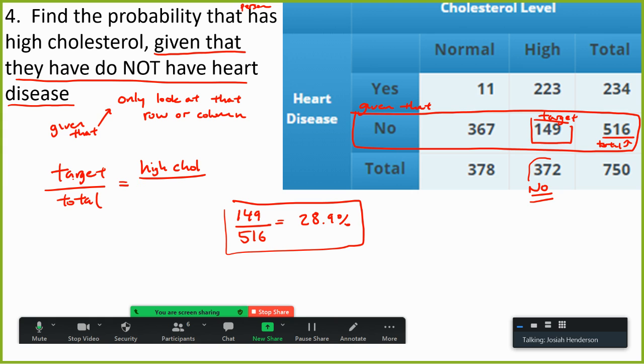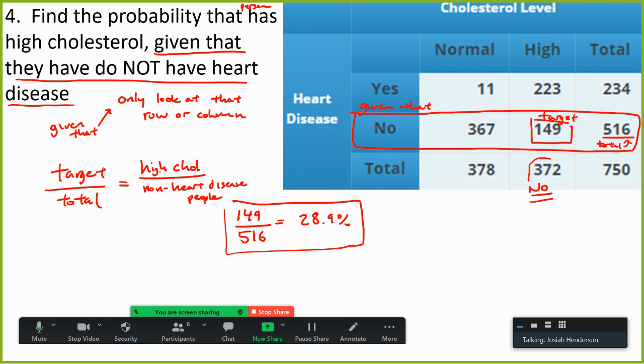To fill in my notes here, I was saying target over total, and that's going to be the high cholesterol people over the non-heart disease people. Total number of all non-heart disease people because of the given that. And then that kind of changes our thought process for the target.